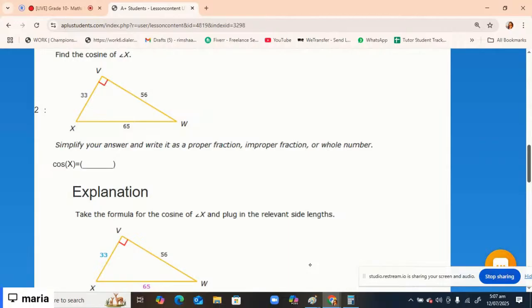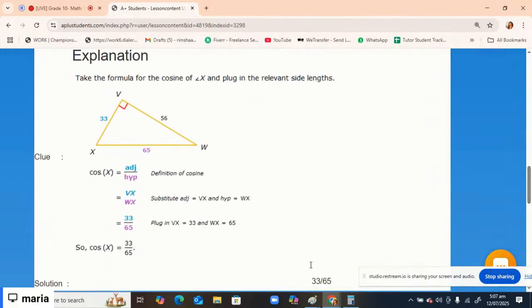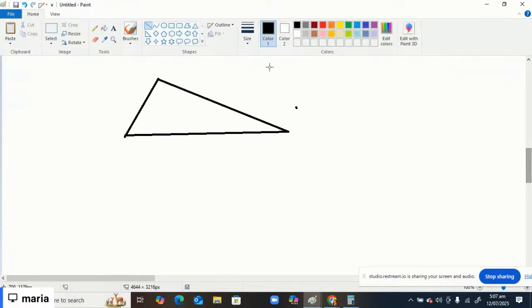So let's do it. Find the cosine. Here we are going to find the cosine of angle x. Let me draw the triangle first.